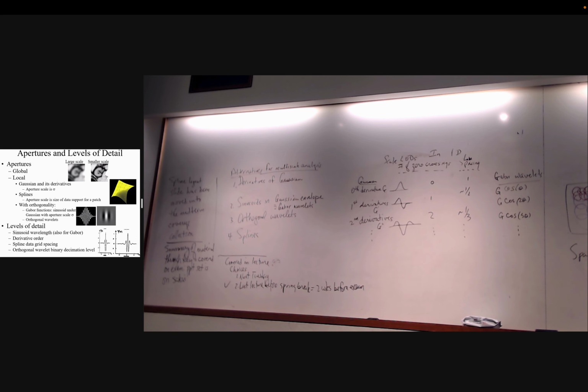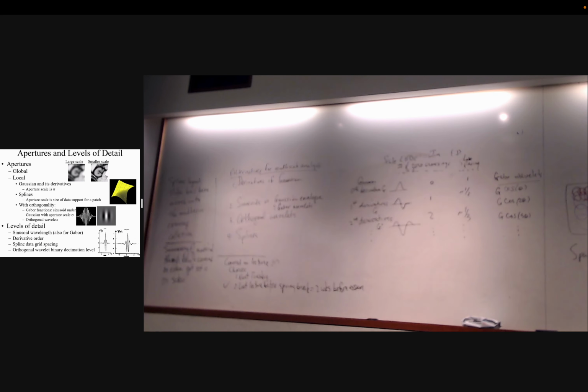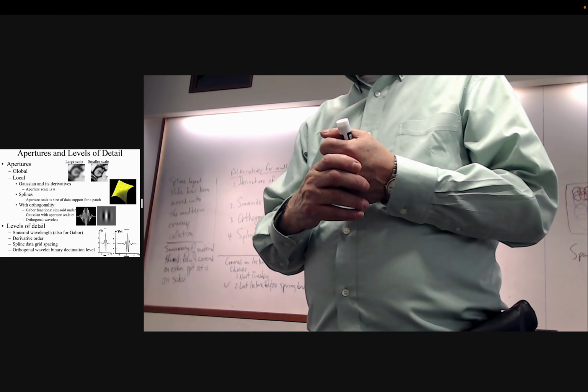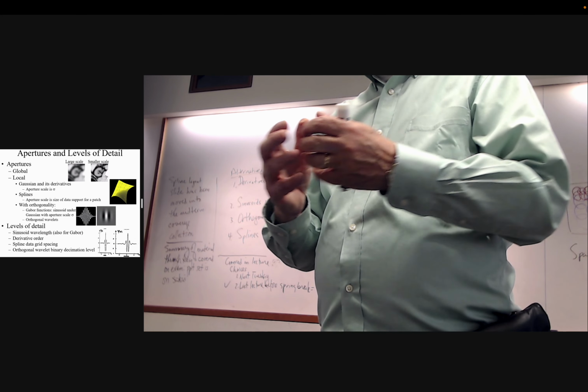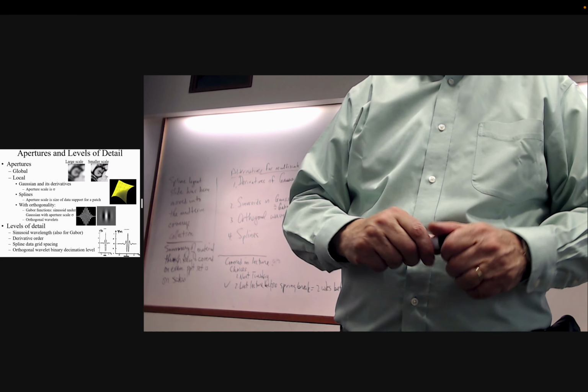We could do it at apertures maybe half that width, which would respond better to the overall thing, but not all that well to some of the details in it, like this little lobe here. It wouldn't get dealt with very well at that scale, or smaller scale yet. Those are aperture sizes. When we're talking about a Gaussian aperture, we're talking about an aperture which is a measure of the width of the Gaussian, a sigma, for example.